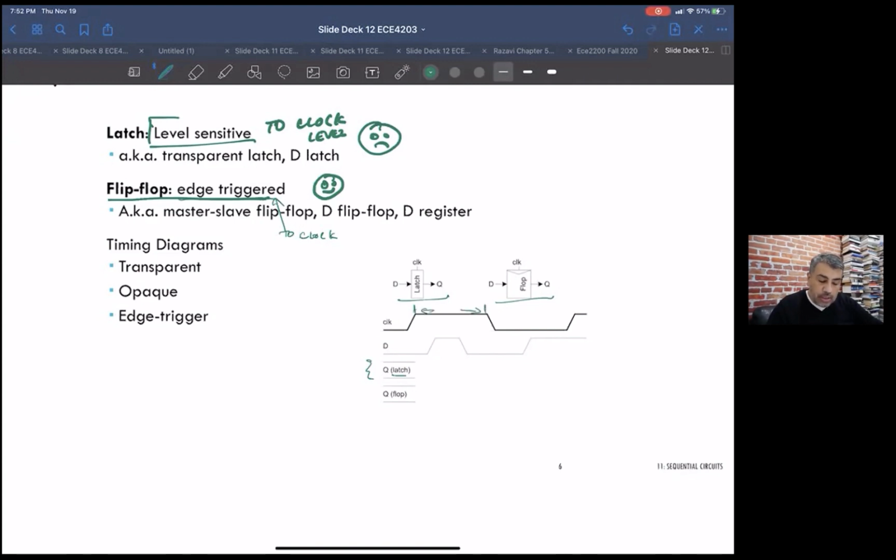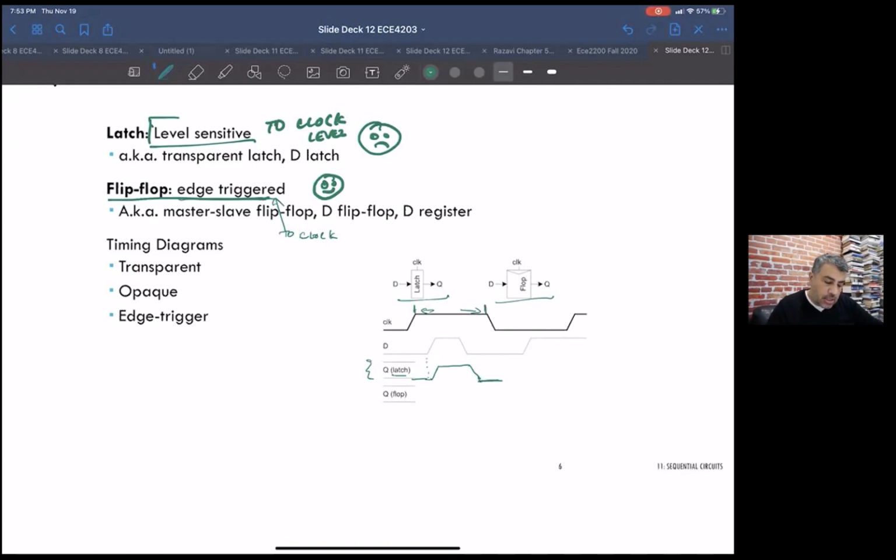Let's say the Q value was low to begin with, and D goes high. There's some delay through the latch, but after a certain amount of time the output would go high, then it would follow, and when D goes low, the output of the latch would go low. It would basically follow D from here to here.